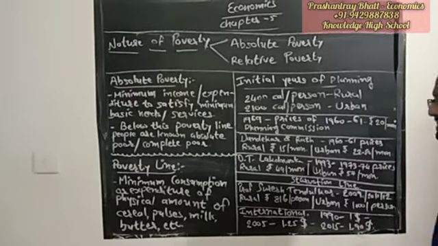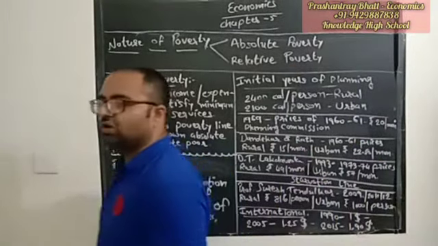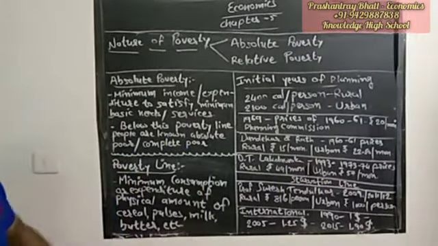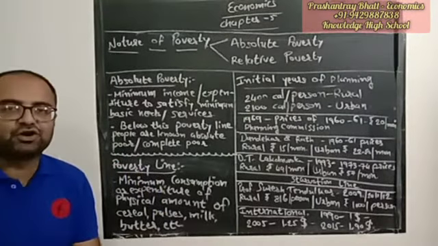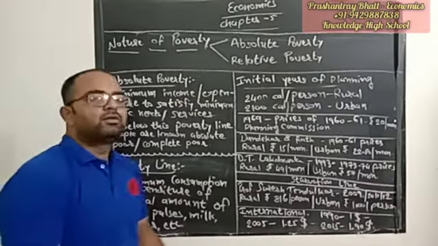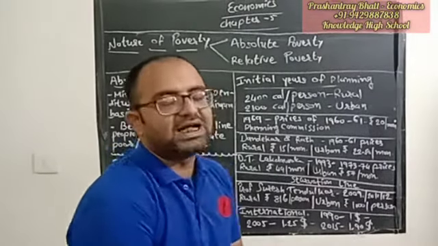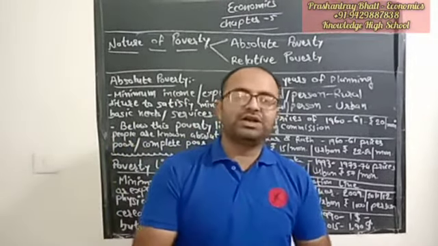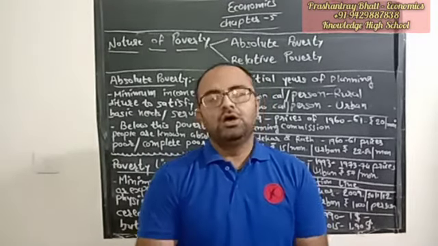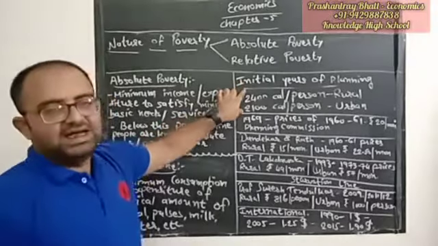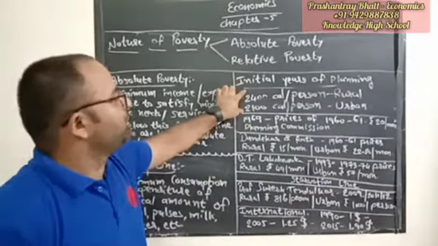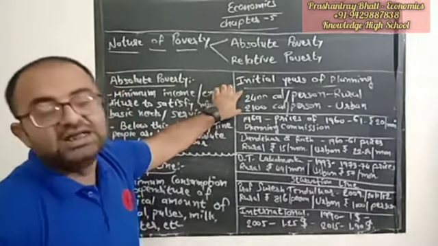Because in urban areas people did more office jobs and did not have physical stress, while in rural areas people were engaged in economic activities like animal rearing, hard work, or farming. All this needed hard work, that's why people needed more calories than in urban areas. So at the start these calories were decided, that this much calorie is required to be consumed by a person so that he can live well.